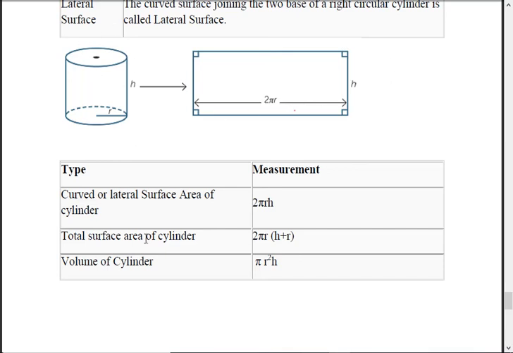The total surface area of the cylinder is this curved surface plus the top area and bottom area. So 2 pi r h plus 2 pi r square, because pi r square one and pi r square two. So it is 2 pi r into (h + r). Volume of the cylinder is area into height: pi r square into h.